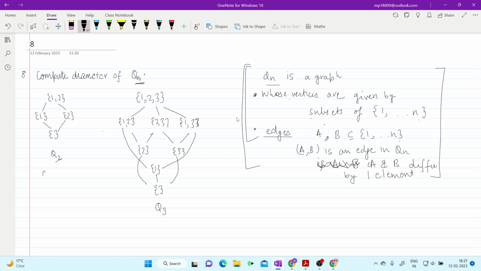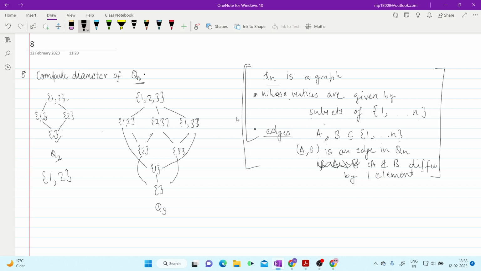What are the possible subsets of 1, 2? Here you can see the possible subsets of 1, 2 are the empty set, singleton 1, singleton 2 and the complete set. There will be an edge between A and B if the bigger set has exactly one more element. So there is an edge between the empty set and the singleton 1, and 2 and 1, 2, and the complete set 1, 2 and 1 differ by one element, so there is an edge. 1, 2 and 2 also differ by one element, therefore there is an edge.